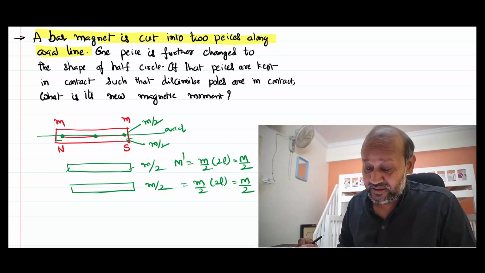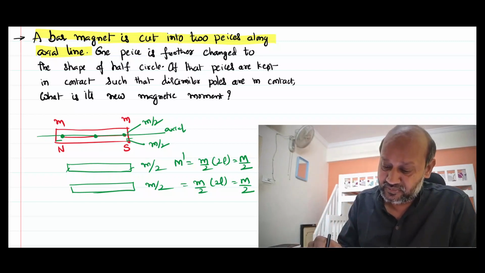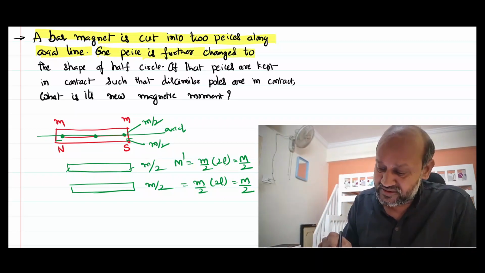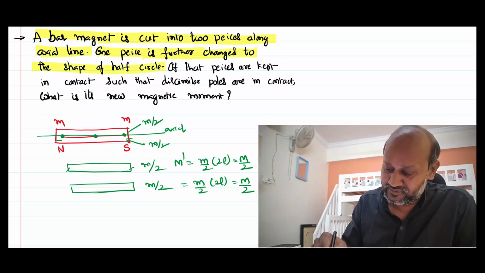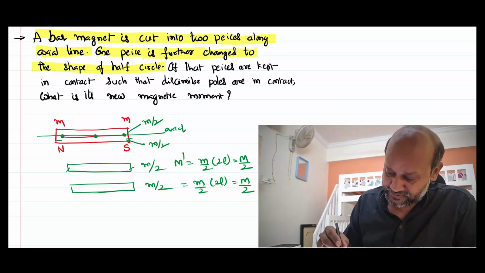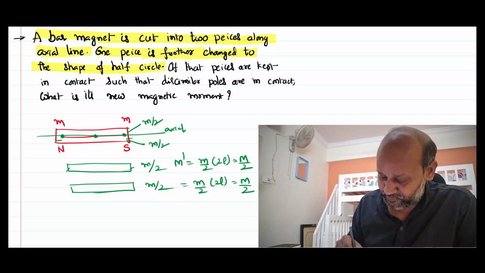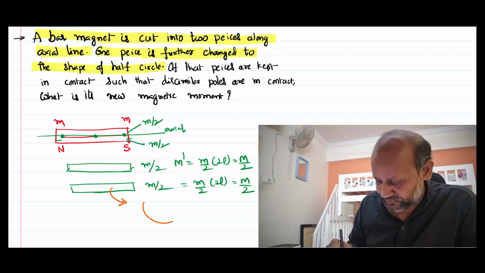But now further he is saying, let's look at the problem. One piece is further changed into the shape of a half circle. Now look at this part. This one piece, any one piece, is now converted into a half moon of the circle like this.